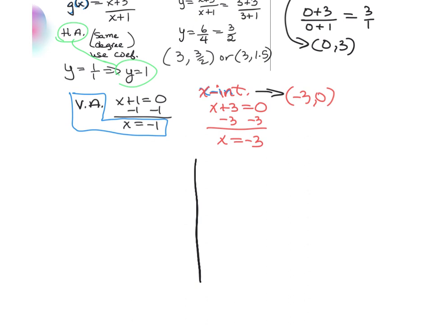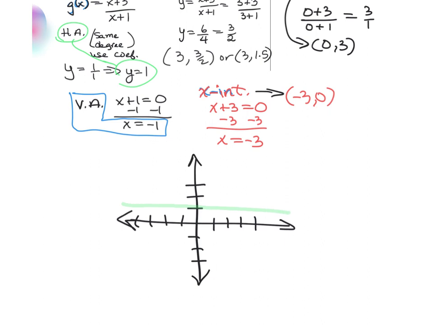So here's my coordinate plane. One, two, three, four. 1, 2, 3, 4. So let's graph the horizontal asymptote. Remember, it's a horizontal line through 1, because it's y equals 1. So that's my horizontal, y equals 1.